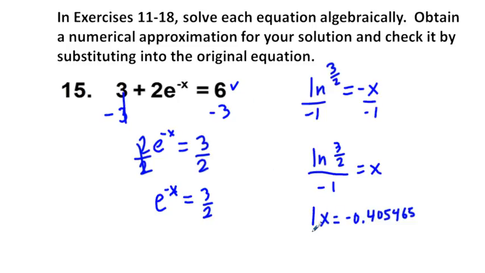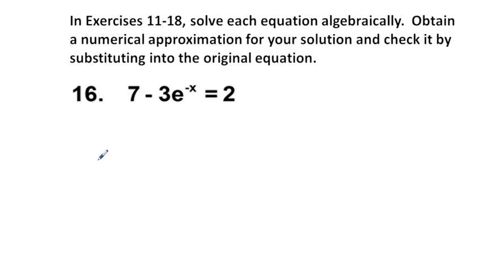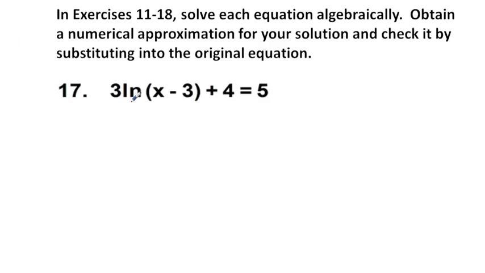And so we are sure that x equals negative 0.405465. The last problem we're going to look at is 17, and that's going to be 3 times the natural logarithm of the quantity x minus 3, plus 4 equals 5.